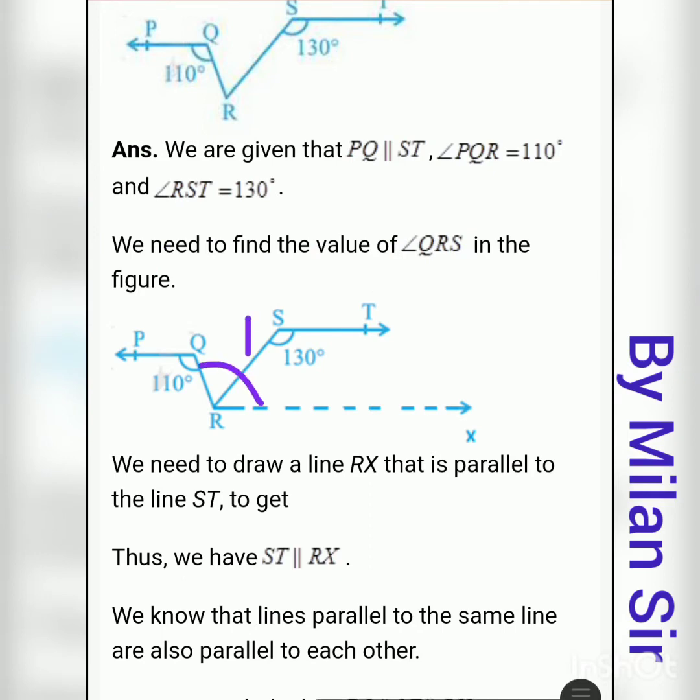Here we know this angle is 110, right? Now if we extend this line, two parallel lines are there, so we can use the concept of transversal.